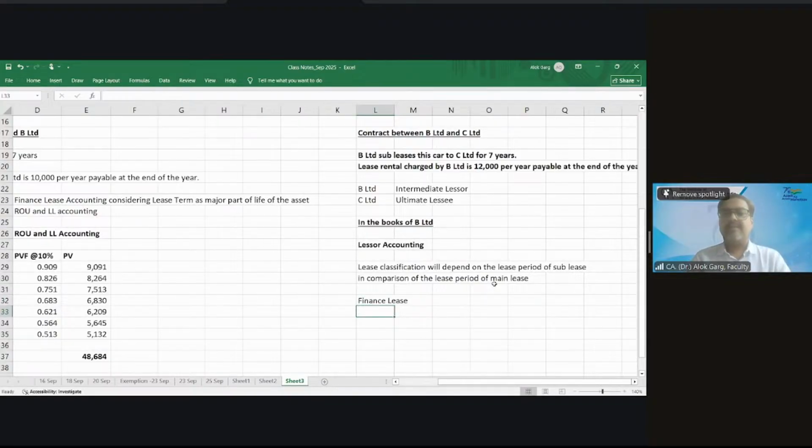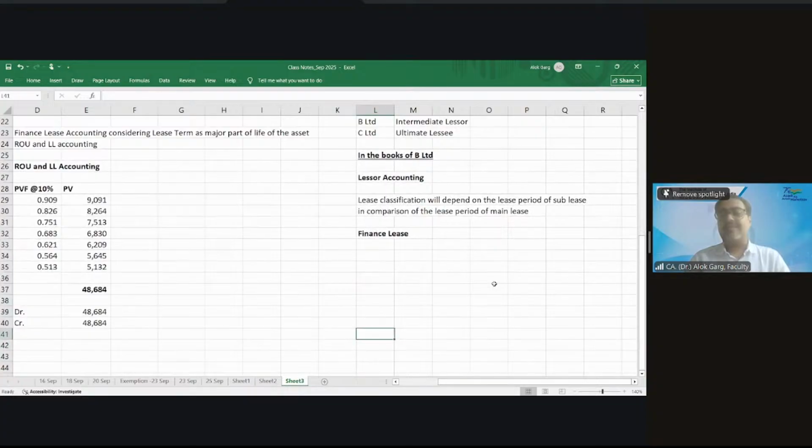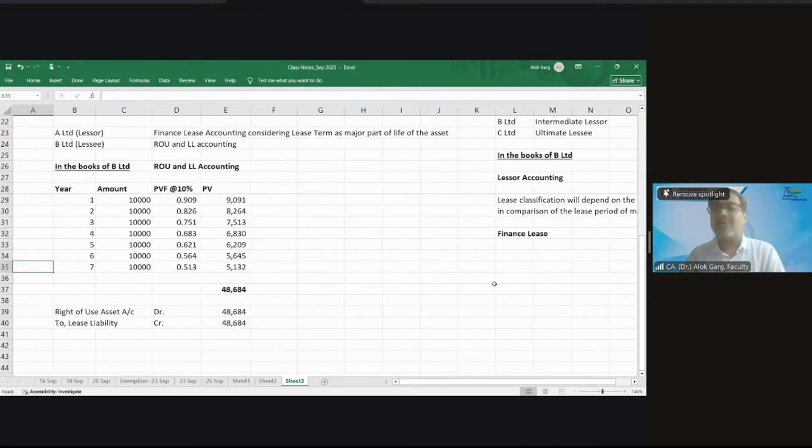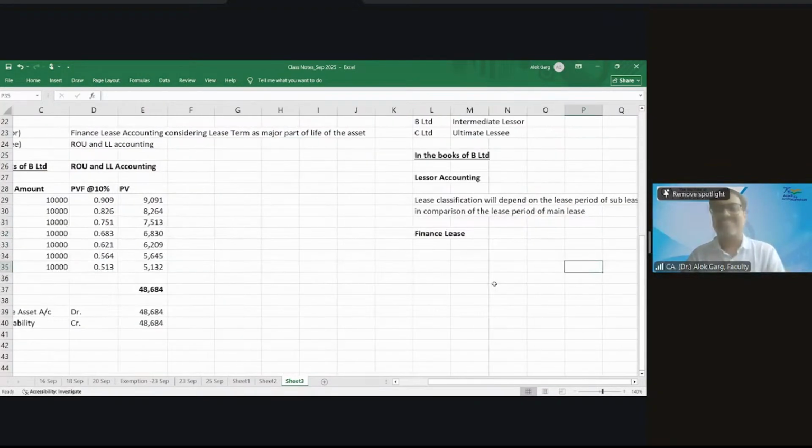Finance lease, sir. Lease classification will be finance lease. And in case of finance lease, what do you need to do? You need to de-recognize your existing asset. So what is the asset in the books of B Limited? 48684, the ROU asset.